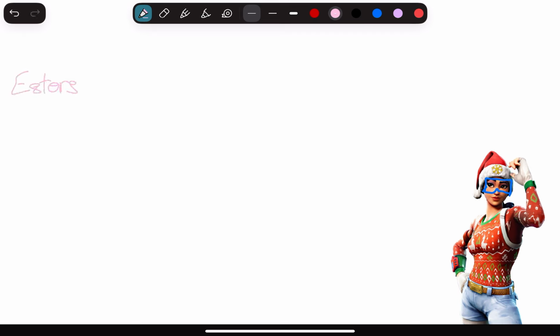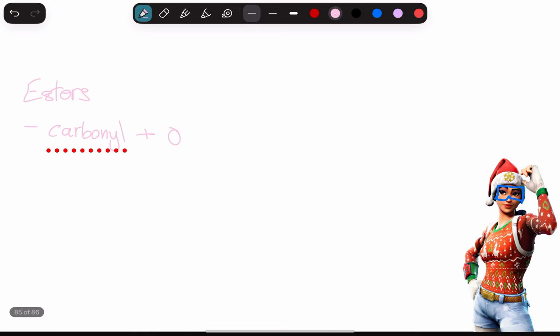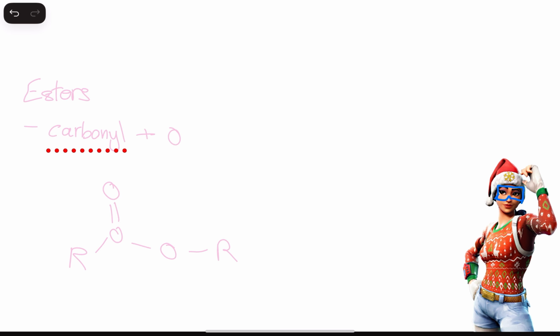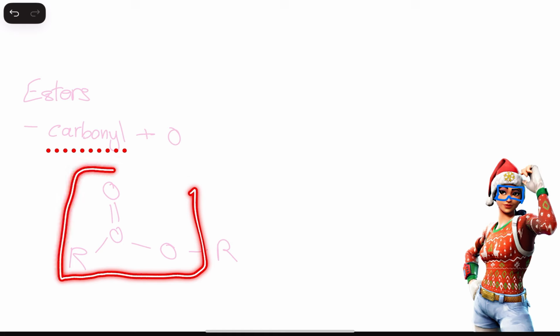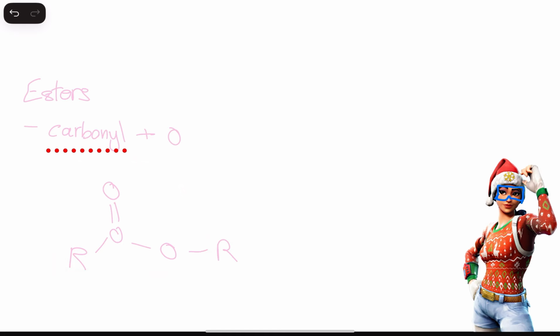Esters is when we have our carbonyl group plus it's bound to an oxygen atom. So it looks something like this. We have our carbonyl group that's bound to an R group, that's bound to an O, that's bound to an R group. That is an ester right here.